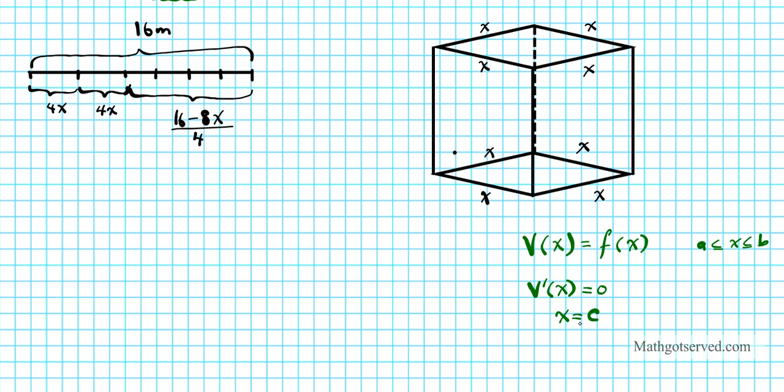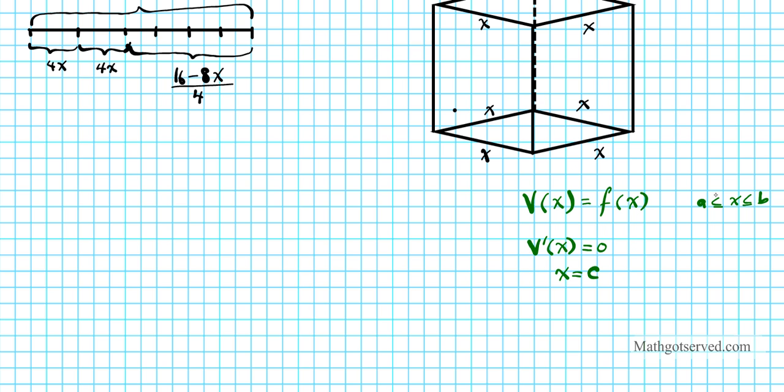So after differentiating this volume and setting it equal to 0 and finding the critical values, we'll test the lower bound, the upper bound, and the critical values. So we'll test V of a, the lower bound, V of b, the upper bound, and V of the critical values. No matter how many they are, we'll just plug them into the original function. And whichever one is the biggest, that is the side length that will yield the maximum volume.